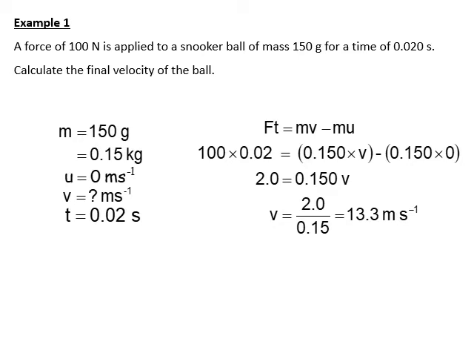So looking at the relationship here, the impulse Ft is equal to mv minus mu, and then we substitute in our values here, taking care to change the mass into kilograms and making sure the time is in seconds. Sometimes the times can be in milliseconds because the contact times can be quite small. And this gives us a velocity of the snooker ball at the end of 13.3 meters per second.